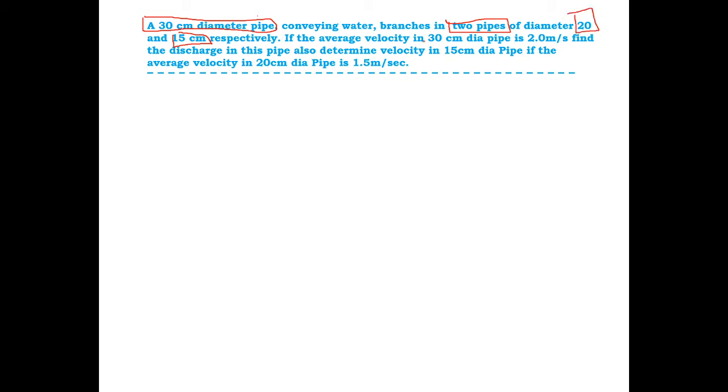If the average velocity in 30 centimeter dia pipe is 2 meters per second, find the discharge in the pipe. Also determine the velocity in 15 centimeter dia pipe, if the average velocity in 20 centimeter dia pipe is 1.5 meters per second.